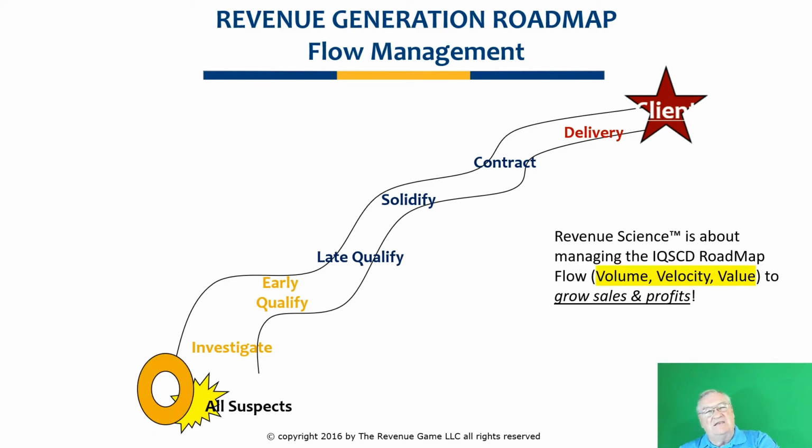So recognize the fact this is a single system and that your metrics are really about flow. And your sales issues are not the most important issues to manage. The revenue issues are the most important to manage, because they point to the parts of the system that can be continuously improved.